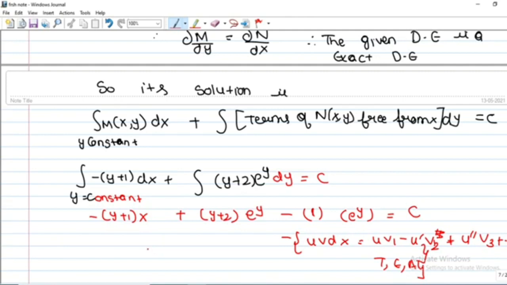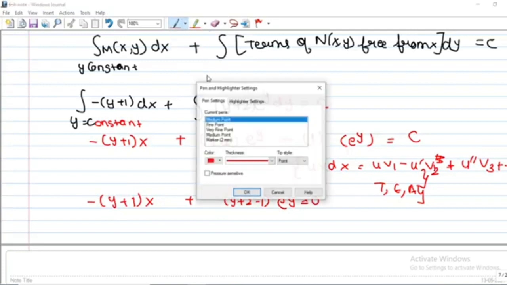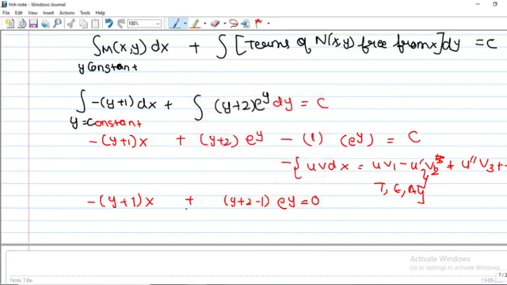If you forget that, your answer will come wrong. So with this we are done with this question. After this you can clearly simplify this and get your answer. So let me write one more step. So this is our solution. Hope you have understood each and every step. Now let's move on to the next question.